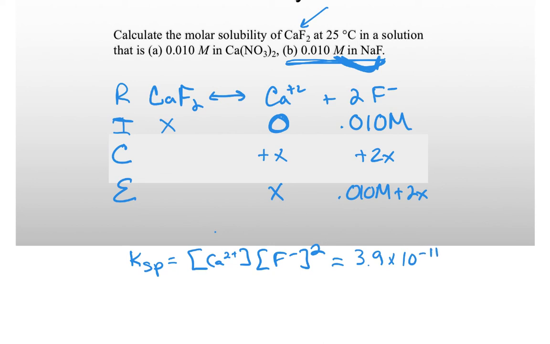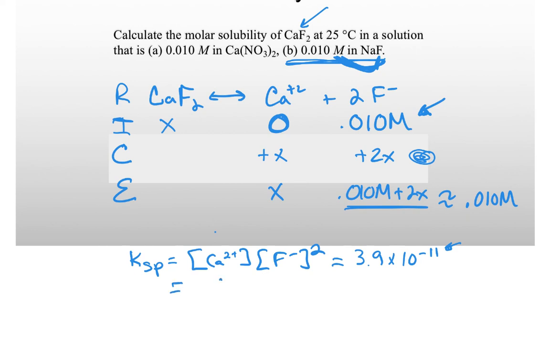That's a very small Ksp, especially relative to the 10 to the negative second that we have in our concentration of our common ion. As a result, we know that the dissolving process is going to result in very little F- being produced. So this 2X is going to make hardly any difference in the overall concentration here. We can make the assumption that the concentration is essentially constant within sig fig squishiness. That makes this problem fairly easy.